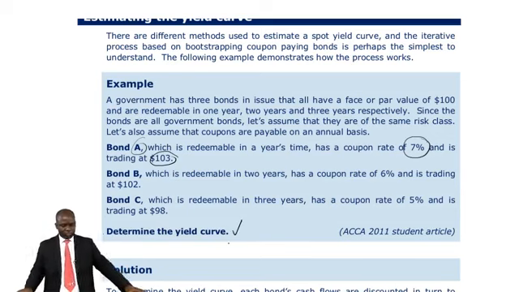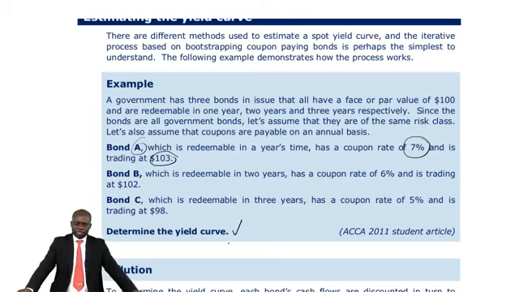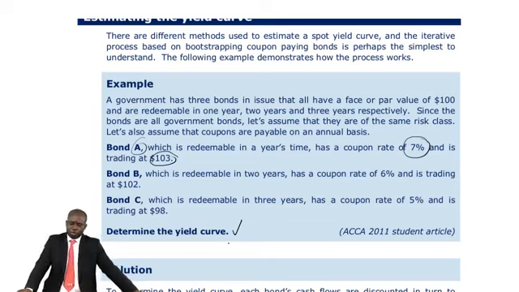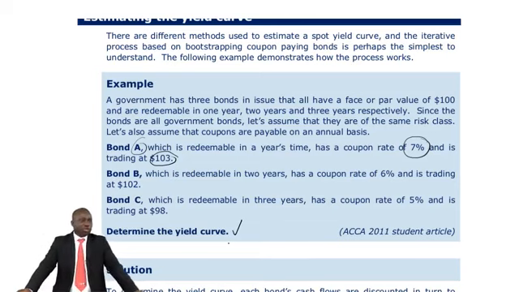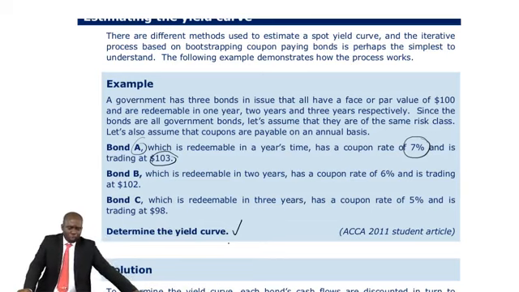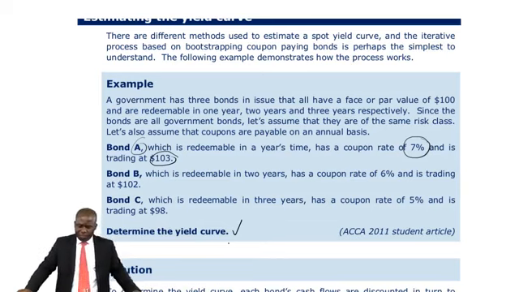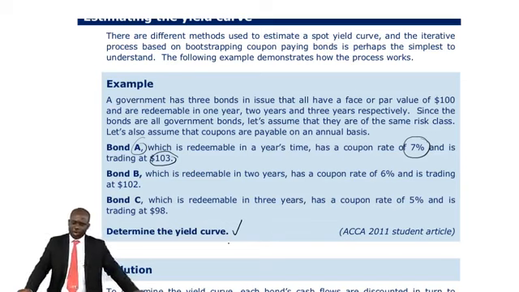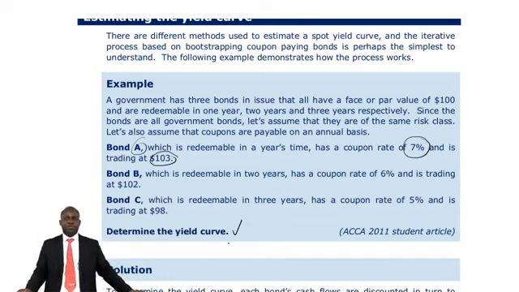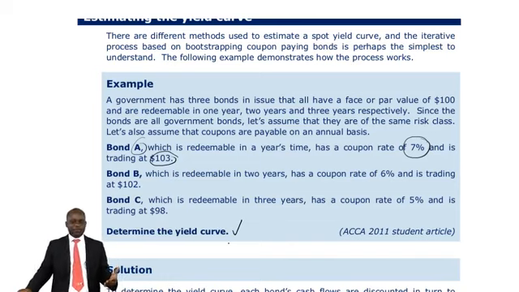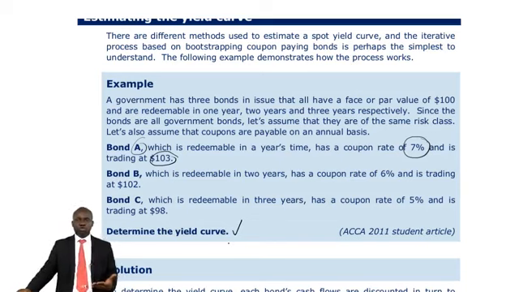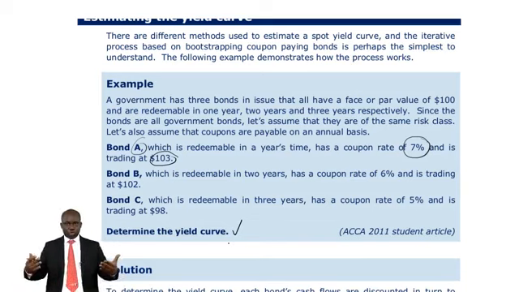Same way, bond B, which is redeemable in 2 years, has a coupon rate of 6% and is trading at 102. Bond C, which is redeemable in 3 years, has a coupon rate of 5% and is trading at 98. Determine the yield curve. So when they give you this and the examiner wants you to determine the yield curve, the simple argument is you need to reverse things.